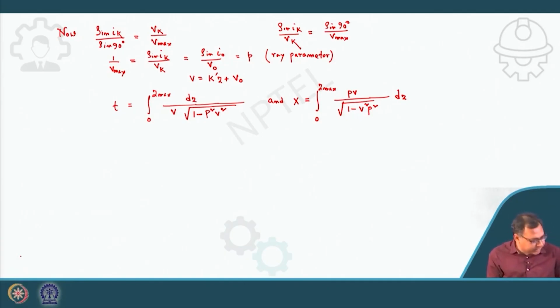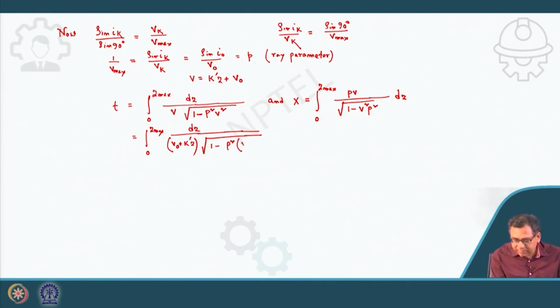Now if I do the integration, then I will get, or here that V I can replace again. So 0 to z max, that is dz. V I am replacing with V0 plus K dash z, that is V or Vk, then root over 1 minus P square (V0 plus K dash z) whole square.